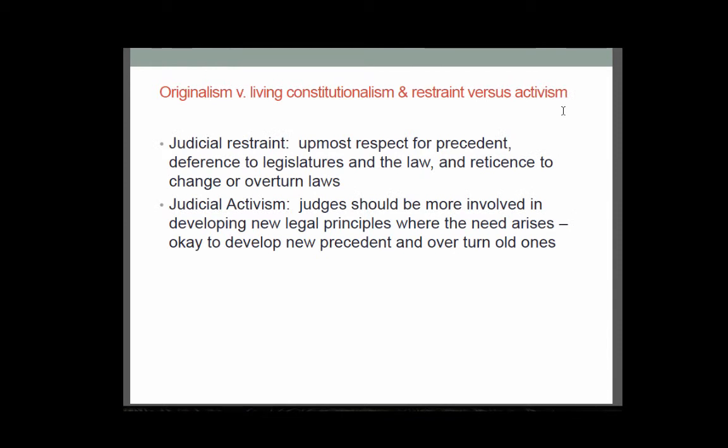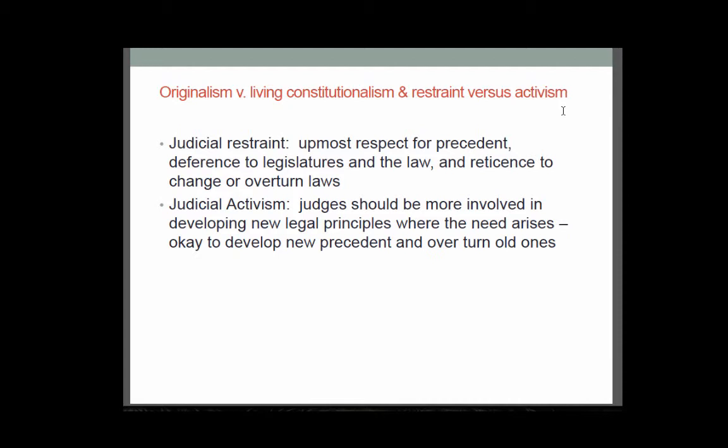The second one, and this one gets detailed in the book a little bit, is judicial restraint versus activism. This has more to do with precedent than anything else. Under judicial restraint, there is a tremendous amount of respect for precedent to both legislatures, the law, the Constitution, as well as decisions, but really mostly around allowing political decisions to stand, allowing legislators to sort things out, for the law to be what the law is, and very limited interest in changing what a legislature has decided.